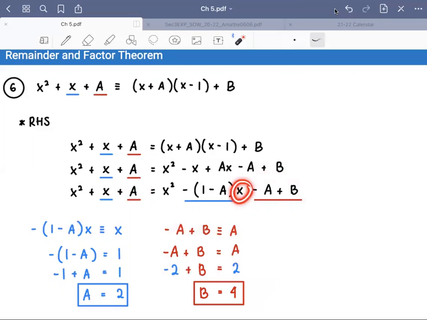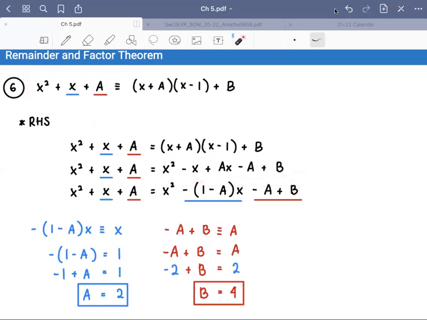Okay, before, like yesterday, I wasn't writing it like this because I don't want to repeat writing this and this and this like 3 times, 4 times, 5 times. That's why I'm just simplifying one side, the right hand side or even the left hand side, and I'm just comparing it with this.